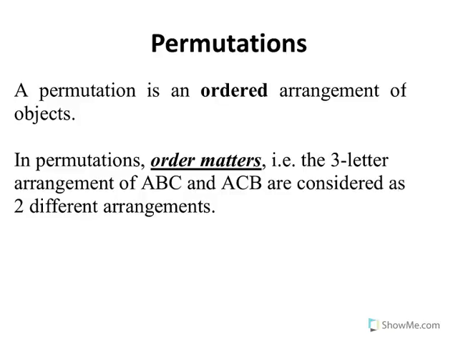How many arrangements can I get? 6. So in a permutation, the order matters. If I permute 3, I get 6. How do we get this number 6? Quite interesting.